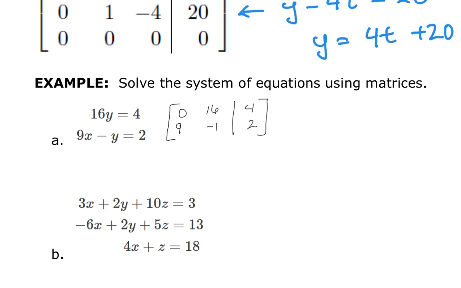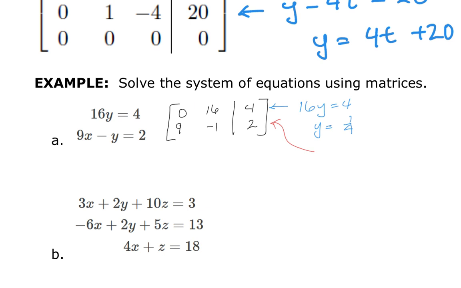Now, I'm not going to do a true row echelon form, because this tells me already 16y is equal to 4, that means y is equal to 1/4. And since y is equal to 1/4, I can put it right in here, and I didn't actually have to solve this by matrices, but I did want to show you what happens when you're missing a variable and how to deal with that.